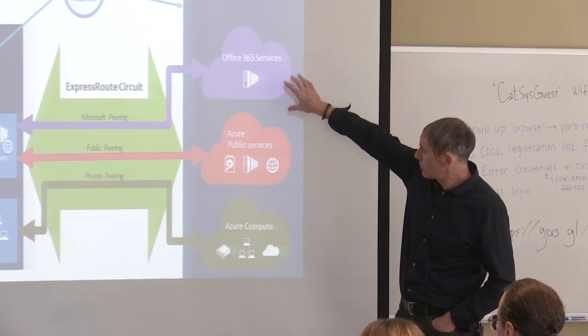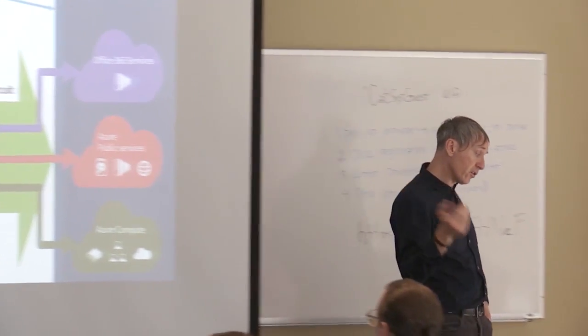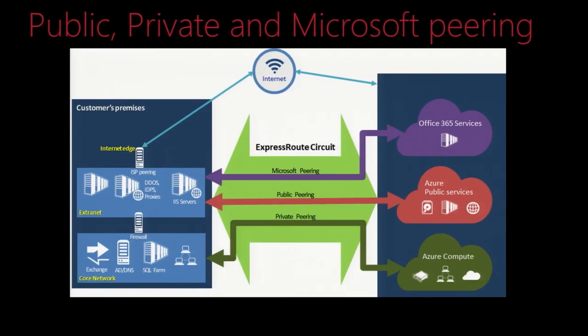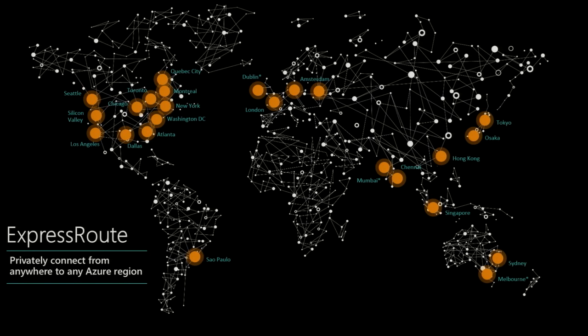They used to recommend that you use your ExpressRoute to get to Office 365 as well, but the more recent recommendation is that you don't use ExpressRoute to go there. The reason for that is the way O365 is architected. They figured out that because it's globally distributed as a service, you're actually restricting yourself if you try to access it via your ExpressRoute. So that recommendation has changed pretty recently.